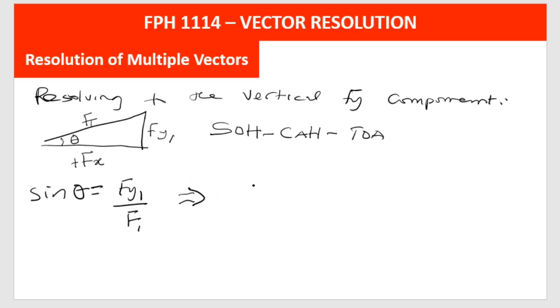This implies that Fy1 is equal to F1 sine theta 1. Remember, this is theta 1, so we have to include it here. This is the first one that we have.